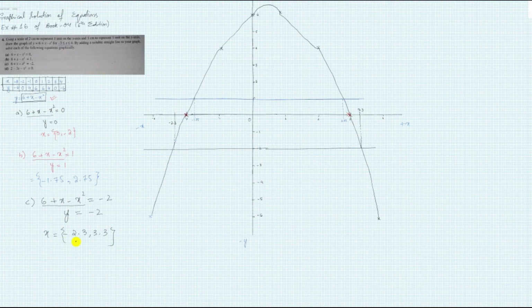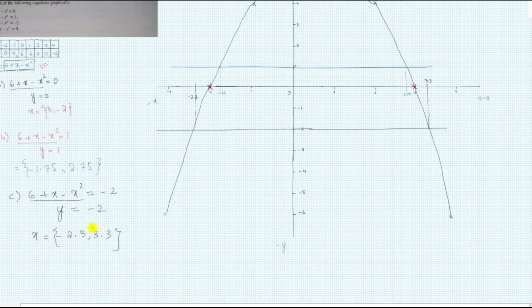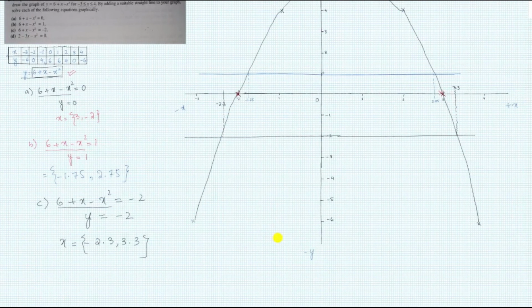Okay, now the most important is the last part. In the last part, part d, we have 2 minus 3x minus x squared is equal to 0. Now do remember that in all the remaining parts we were getting y on the left hand side. In this part we will make y on the left hand side by adding or subtracting values.